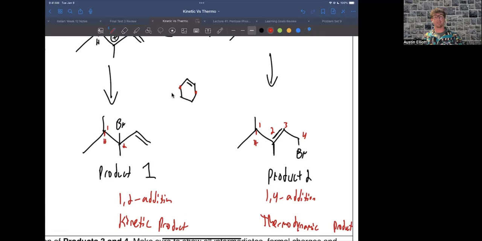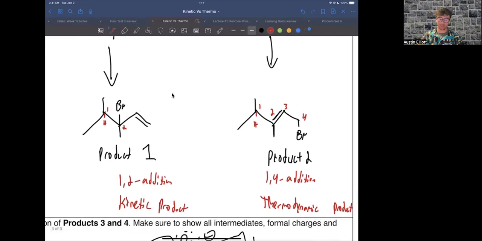So this would be a di-substituted alkene. Then you start adding carbons off of it, then it could be tri and then tetra. So the most stable is the tetra substituted alkenes, and then obviously your mono substituted being your lowest. So we look at product one, it's attached to one carbon over here. So this is mono substituted.